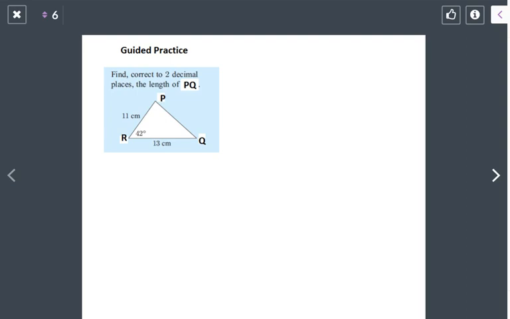So let's go to the guided practice now. I will label here's P, this is R, here's Q. Look at this example. We are given two sides, then one angle. Then we're looking for the other side.